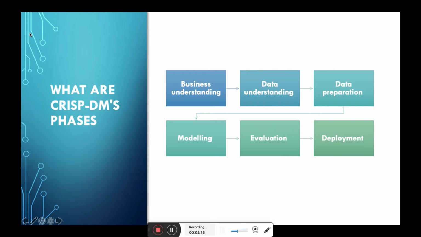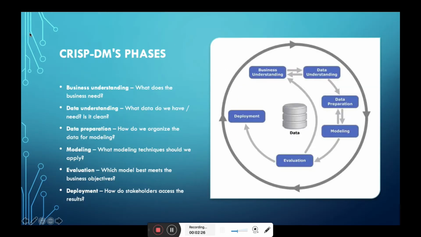So let's straight away jump into stage 1, or business understanding, and how important it could be in terms of your business. I'm just going to the next slide. Here you can see I've mentioned a small gist of what each step consists of. Business understanding means: what does the business need? You may belong to various domains.